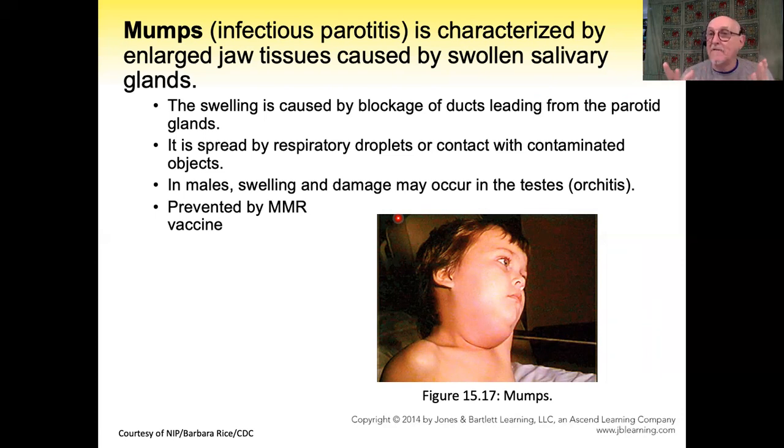And it can affect fertility. Inflammation of the testes is called orchitis. Even if they have severe orchitis, it doesn't have a major impact on their later fertility. Often it's only in one testicle, not the other. But even if it is in both, most people maintain their fertility, but it can affect the fertility.